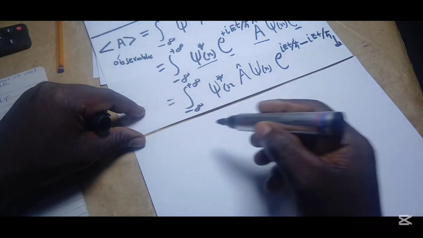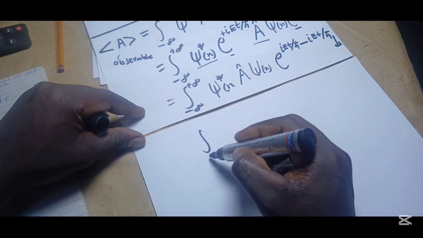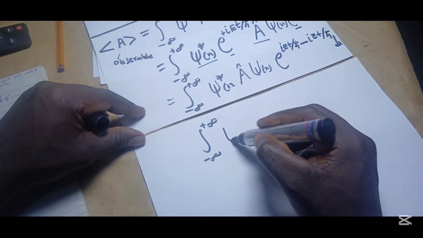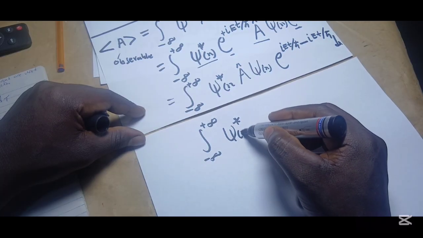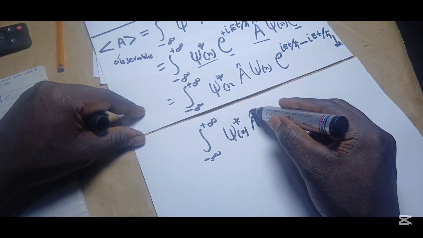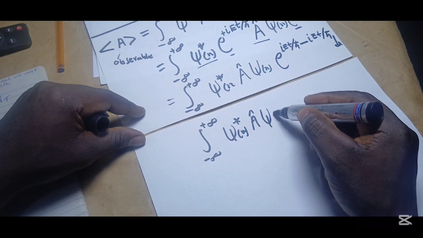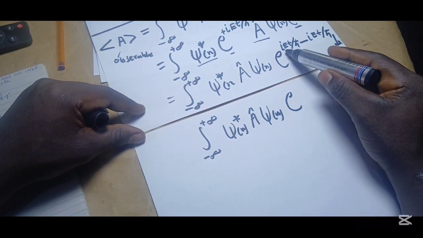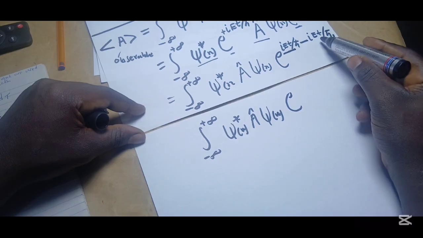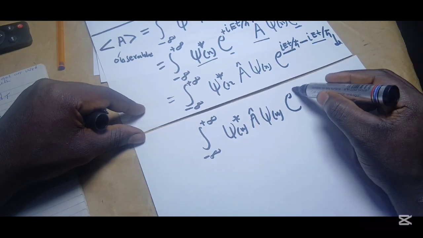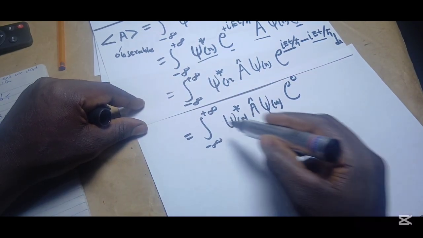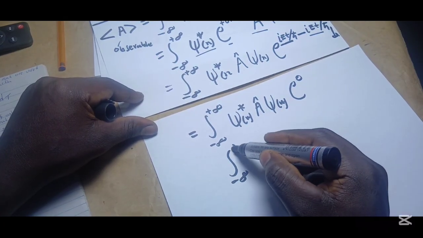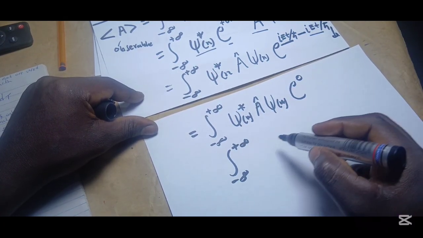So simplifying this, we are going to get the integral from negative infinity to positive infinity of psi star of x, A hat, psi of x, e to the power 0, because this minus that will give us 0. And e to the power 0 is the same as 1.